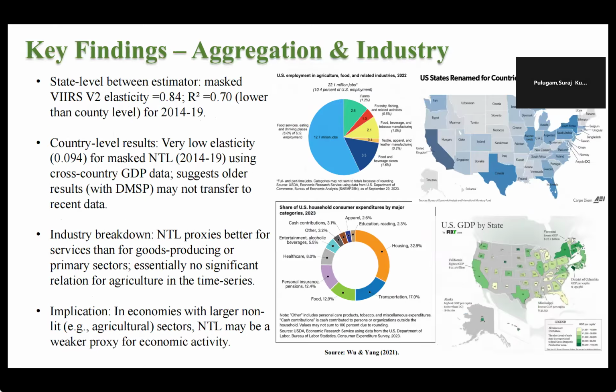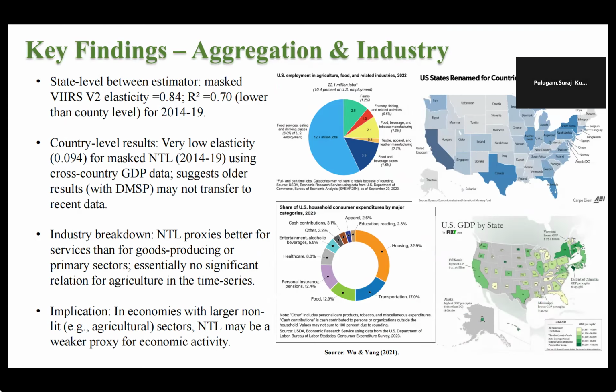Coming to the key findings on aggregation and industry, when we aggregate the data to larger spatial scales, such as state or national level, the predictive relationship weakens. For example, at the state level, the elasticity drops to 0.84, and at the country level, it's almost negligible. This means the finer the spatial data, the stronger the correlation.